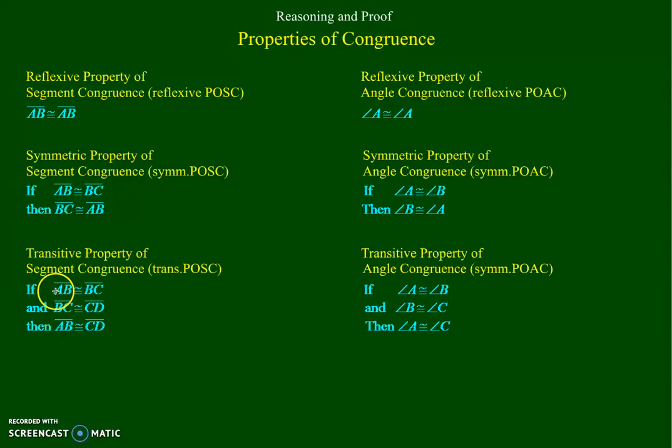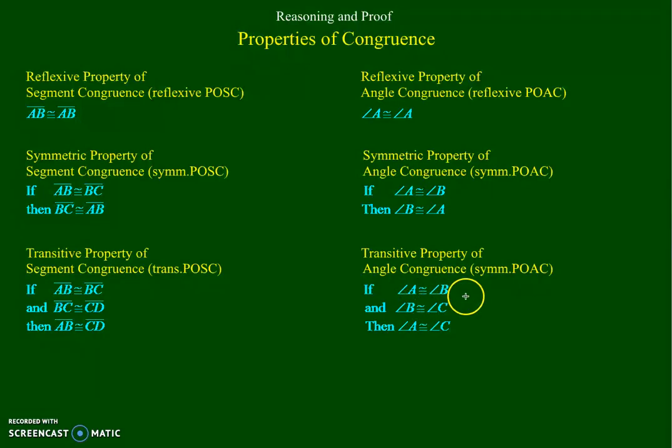And here we have, if segment AB is congruent to BC and BC is congruent to CD, then AB is congruent to CD. AB is congruent to CD. Do you see that same pattern forming here with A equals B and B equals C, then A equals C? The same thing applies with these things.